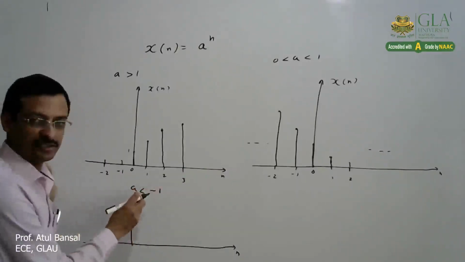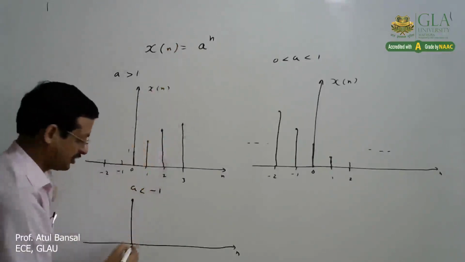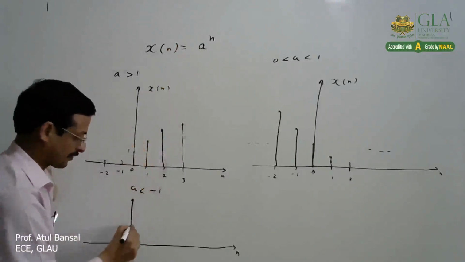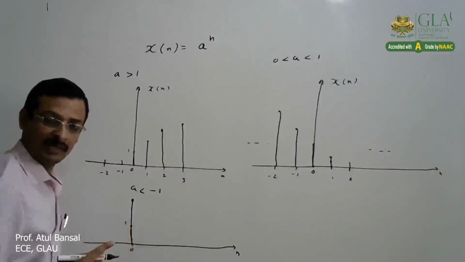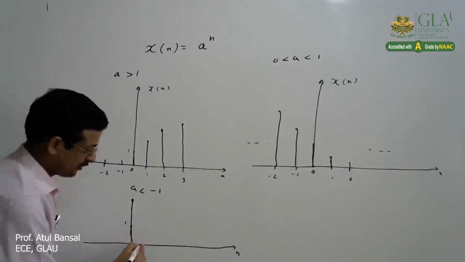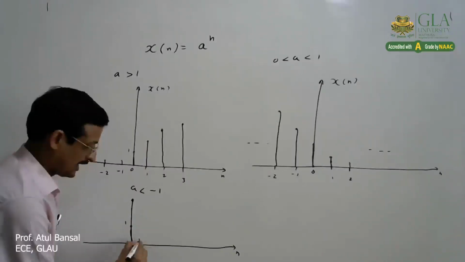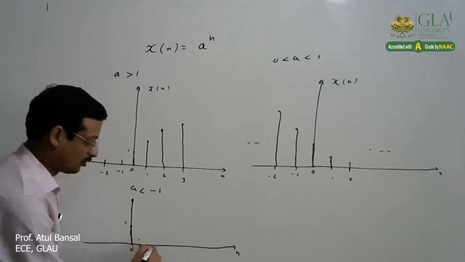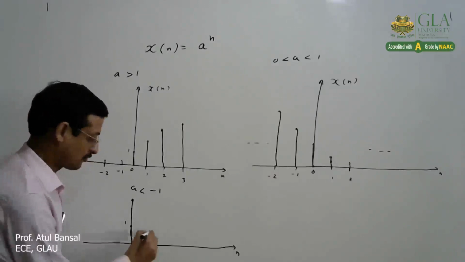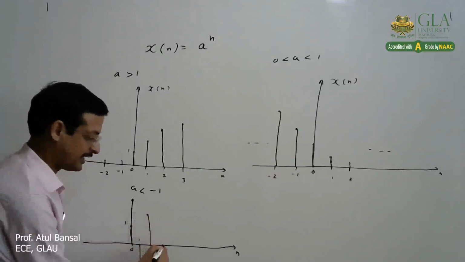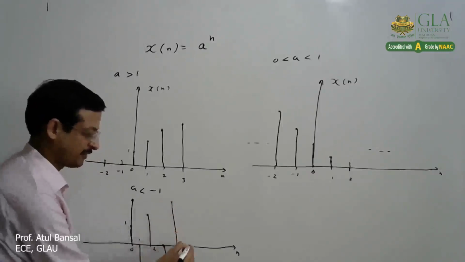Suppose a is -2. Then -2 raised to power 0 would be 1, -2 raised to power 1 would be -2, so it would be negative at 1, and at 2, -2 raised to power 2 would be 4, positive, then again negative, again positive, like that.